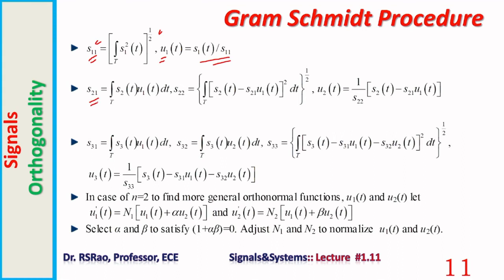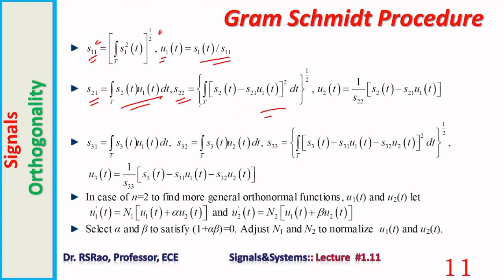Similarly, S21, integration over time period T, S2 of T, U1 of T dt. Using this integration, S21 can be obtained. S22 then is integration over time period T, S2 of T minus S21 U1 of T whole square dt under square root.